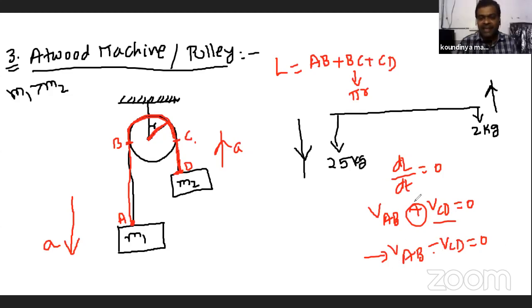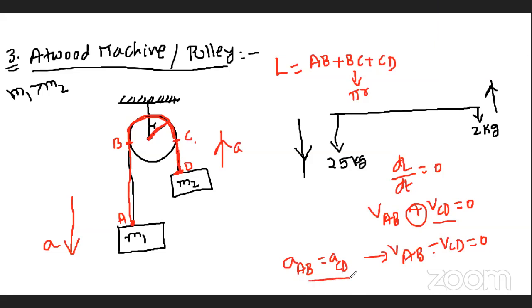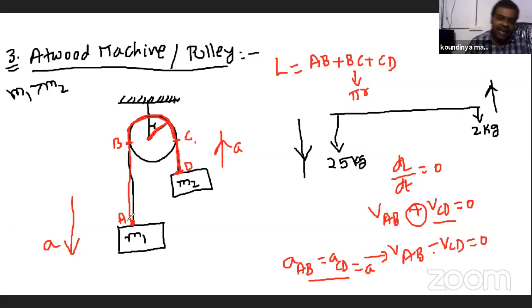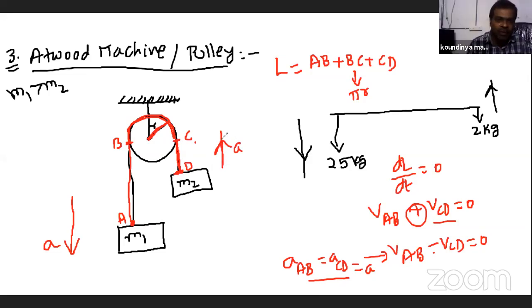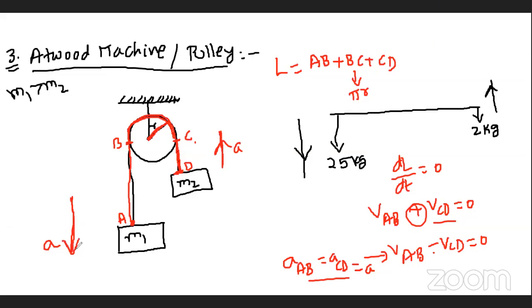If I differentiate again with respect to time, acceleration of AB is equal to acceleration of CD. That is equal to A. Along CD it is accelerating upward, and with the same acceleration AB is moving downwards.